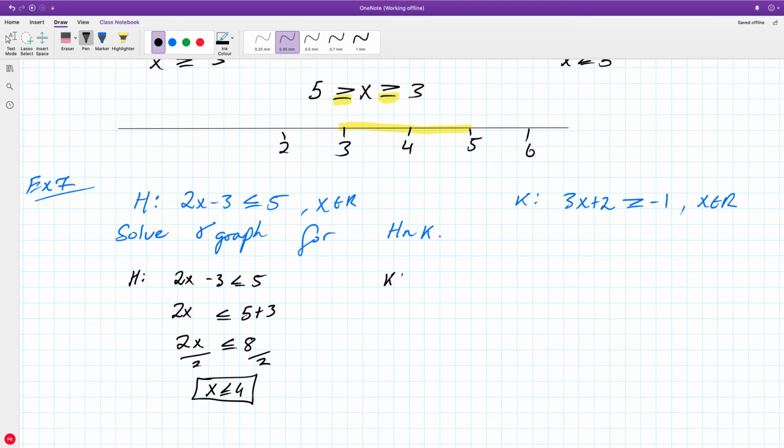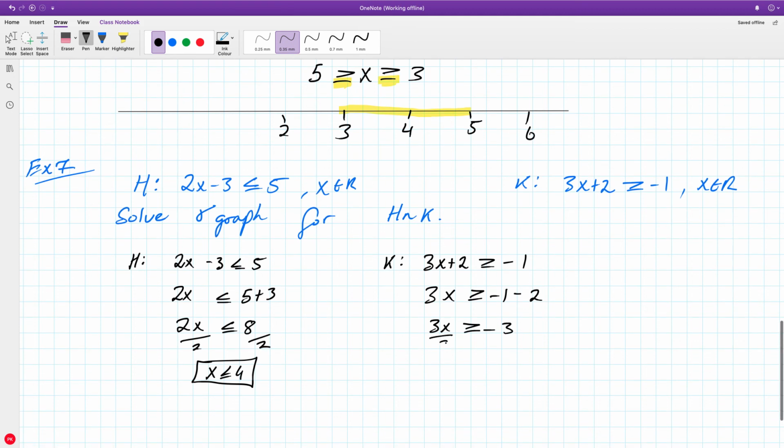K. 3x plus 2 greater than or equal to minus 1. 3x greater than or equal to minus 1 minus 2. 3x greater than or equal to minus 3. Divide both sides by 3. X is greater than or equal to minus 1.